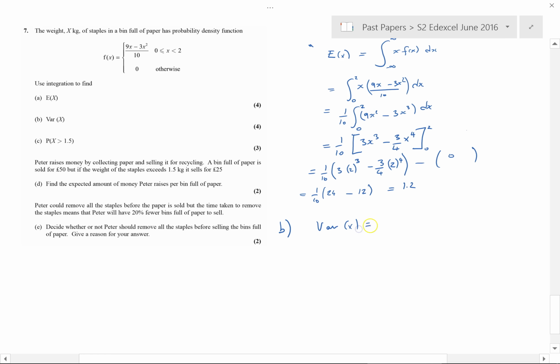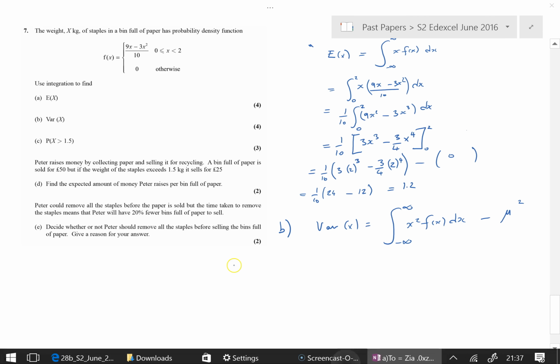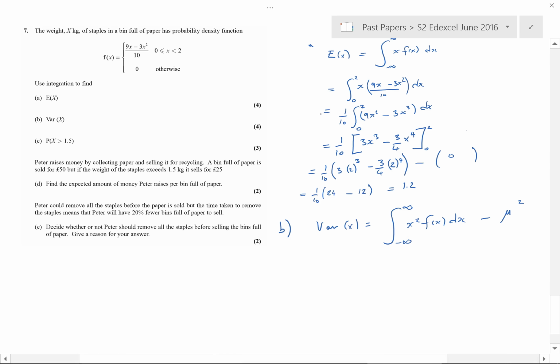Var of x, the formula for that is the integral of x squared f(x) dx minus mu squared, or E(X) squared. But in this particular case, it's equal to the integral from 2 to 0 of x squared times (9x minus 3x squared) over 10 dx.